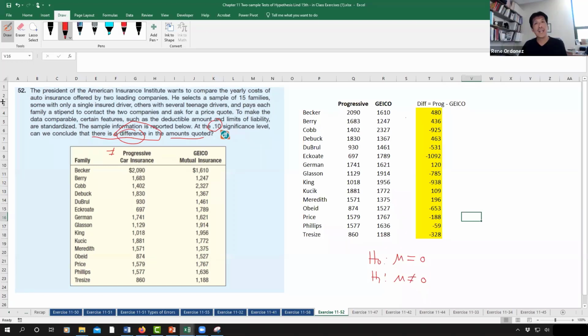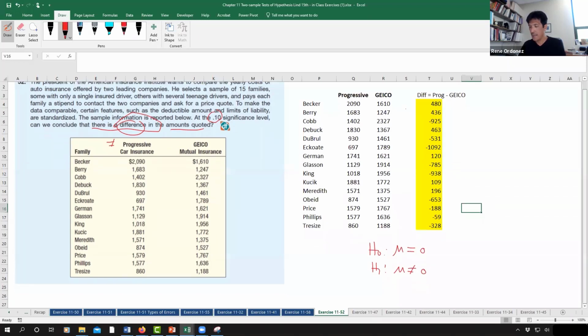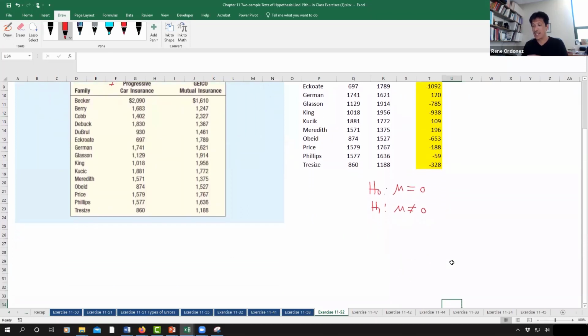All right, so once again, this is a one sample test. So you can use that template for the t one sample test.